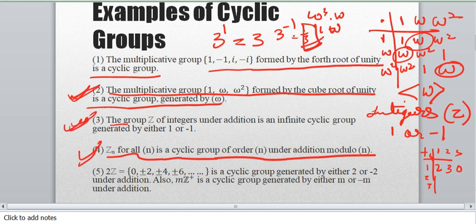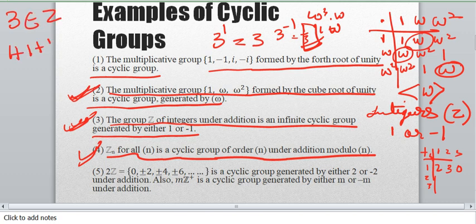It said the group Z of integers under addition is an infinite cyclic group generated by either 1 or minus 1. Look at this. Suppose I want to generate number 3. It is an integer, right? It belongs to Z. How do I generate number 3? 1 plus 1 plus 1. Suppose I want to generate -5, then what do I do? -1 plus -1 plus -1 plus -1 plus -1, 1 2 3 4 5.